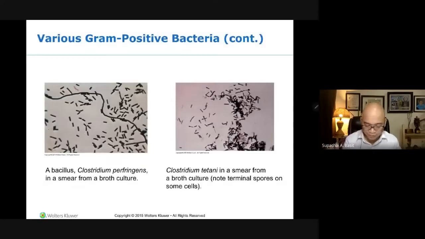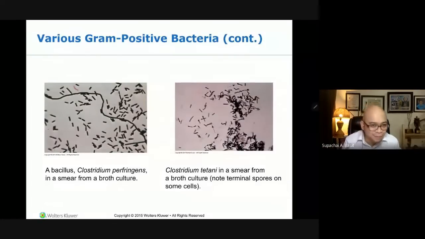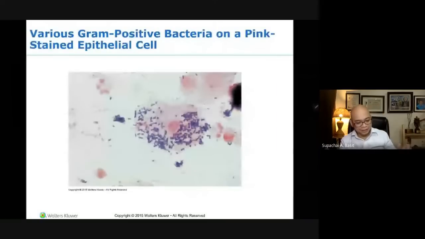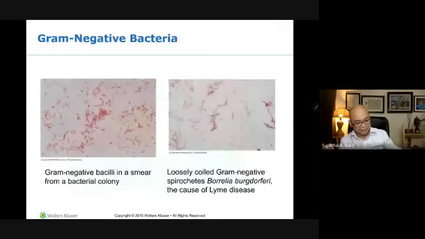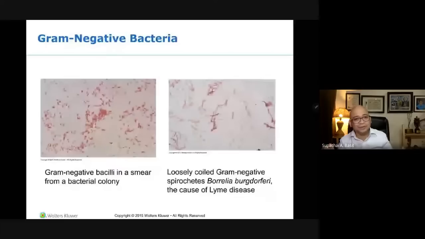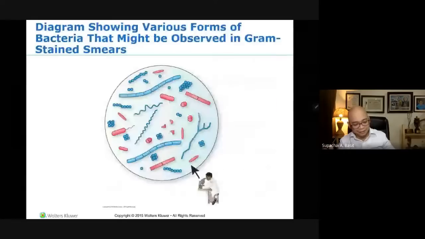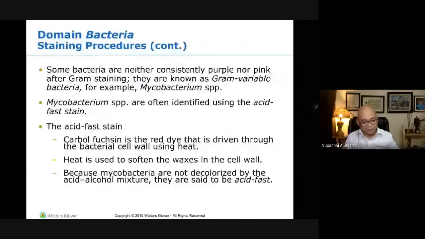Clostridium tetani is another example of gram-positive bacteria, from blue to purple. Now, these are examples of gram-negative bacteria. They appear red to pink in color, so they are gram-negative. There are various bacteria that can be observed in gram stain.